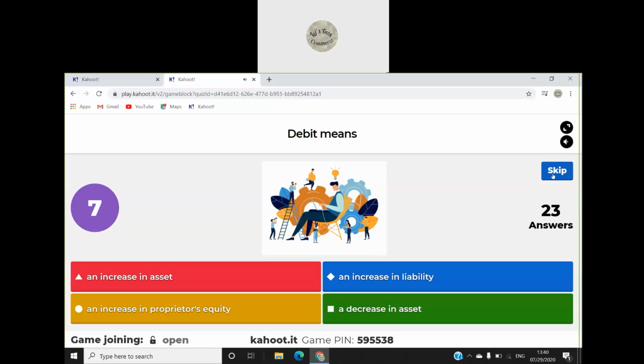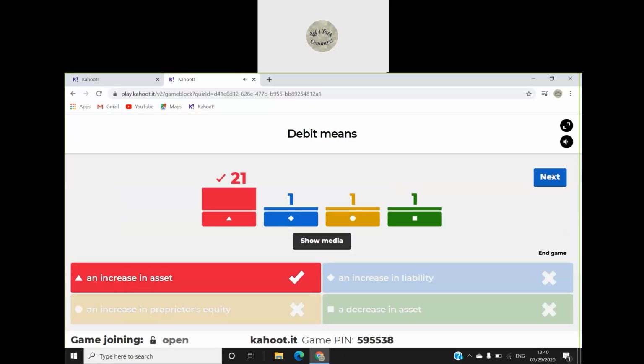Time is about to get over. Okay, very good. So according to the rules of debit and credit, if an asset is increasing, that means we will debit it. So debit means it is not applicable to all the other alternatives available. So first option is the answer. The students who have not given the answer correctly, make sure that you are clearing your concepts.